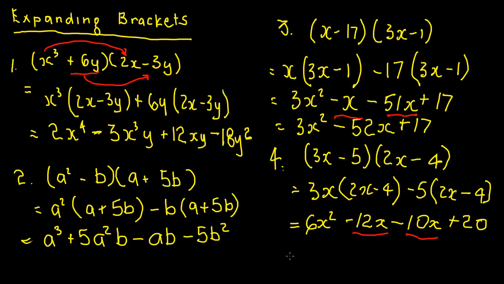And so, just to conclude that one, we can go 6x squared minus 22x minus 12x minus 10x, minus 20 plus 20.